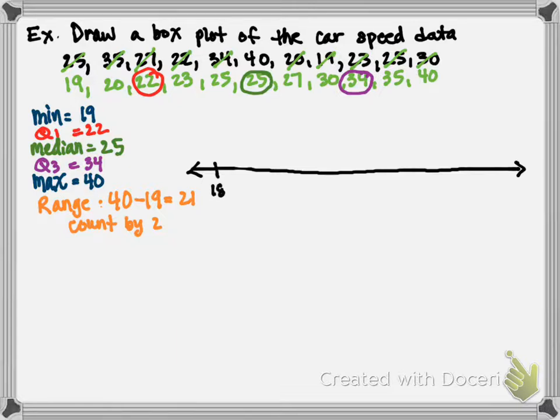So here's 18, 20, 22, 24, 26, 28, 30, 32, 34, 36, 38, and we'll go ahead and stop at 40.